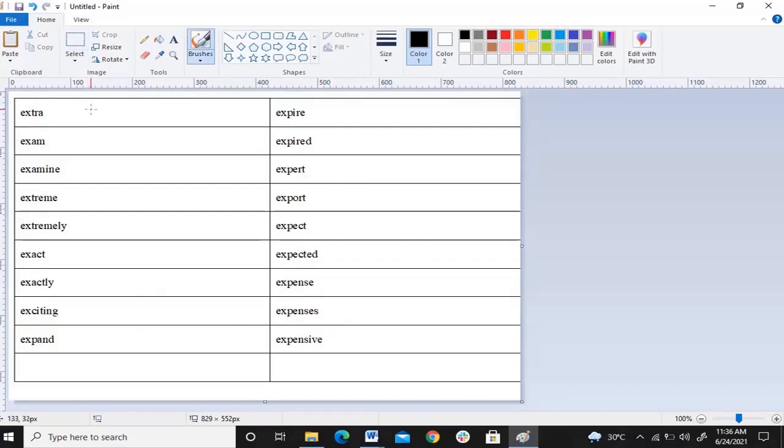Kasi 'di ba, kung maalala ninyo, if you're gonna go back or scan your notes, you're going to see there that when, for example, the word stand starts with S, however, we do not put the E there. Stand is S-T-N-D.